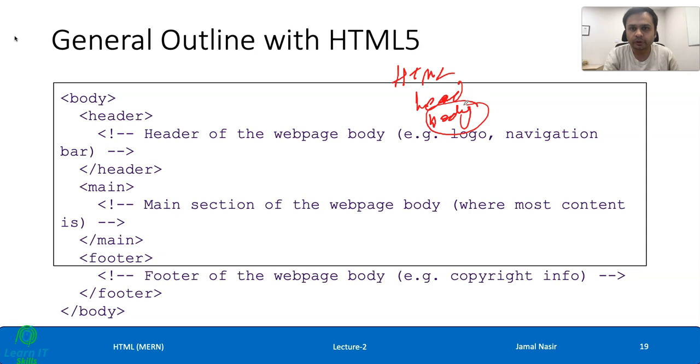So in body part we can again divide this body part into header, then main content and then footer. So it could be changed, but for every web page, it is a good practice to have header, main, and footer tags in body tag.